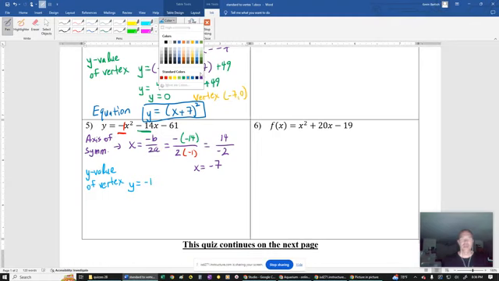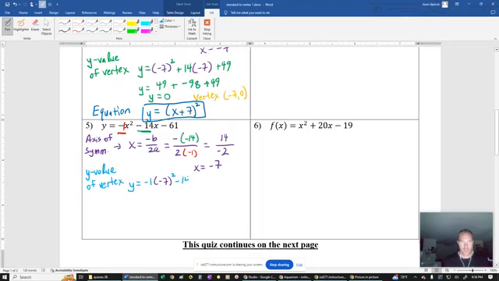I'm going to find it helpful myself, or at least teaching this. Negative 1 for a times our x value of negative 7. We're squaring that. We're subtracting 14 times the x value, our axis of symmetry, negative 7. And then we are subtracting 61. We're going by the equation.